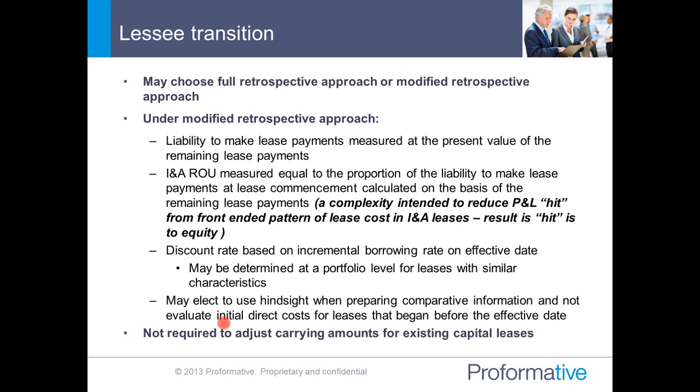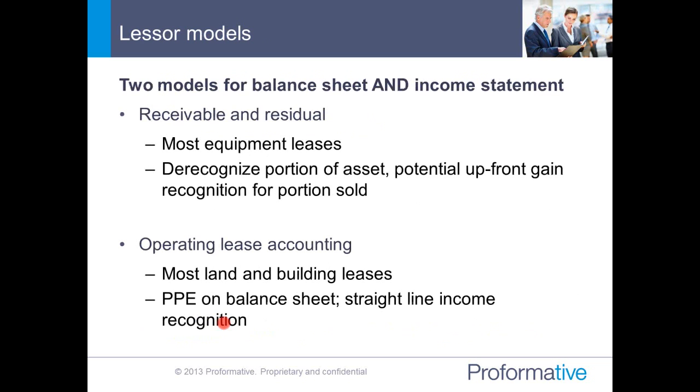The discount rate is going to be the incremental borrowing rate on the effective date, and the lessees don't have to adjust existing capital leases. The lessor models, I don't want to focus a lot on lessor, so we're going to move quickly here. As I said, there'll be a receivable and residual method and an operating lease method.